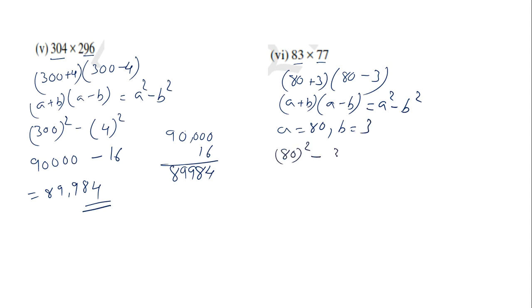Now substitute it: 80 whole square minus 3 square. So 80 square is 6,400 minus 9. 10 minus 9, 1. 9, 3. So 6,400 minus 9 is 6,391.